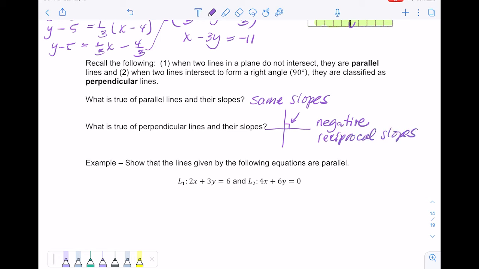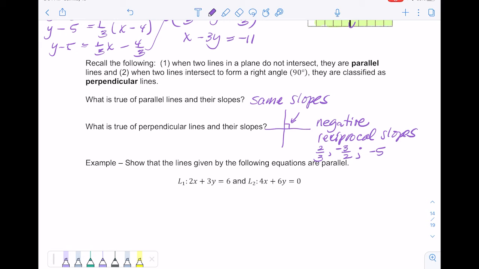An example of negative reciprocal would be like if I took 2/3 and flipped it, that would be the reciprocal, 3/2, and then make it negative, so change the sign. 2/3 and negative 3/2 are negative reciprocals. Another example is let's say you had -5. What's its negative reciprocal?